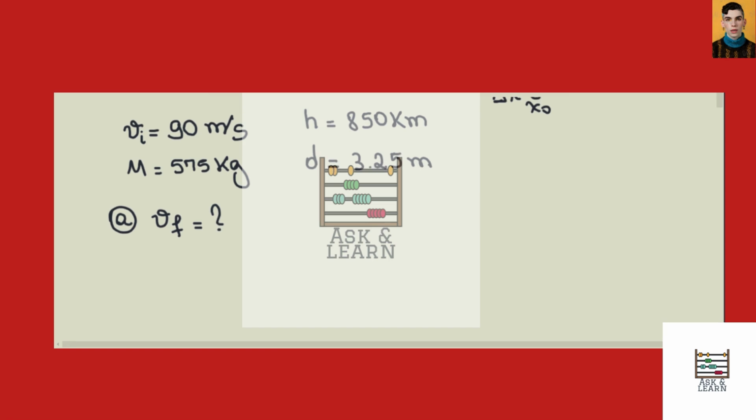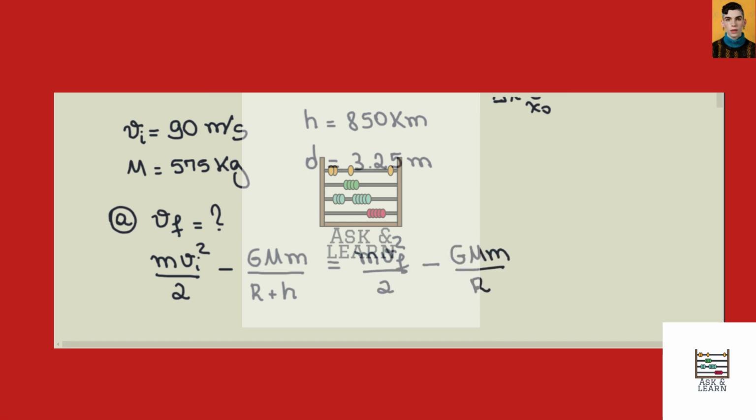And here I'm just going to use conservation of energy. So I have that m vi squared over 2, this is the initial kinetic energy, minus G m M, where m is the mass of the meteor and capital M is the mass of the Earth, divided by the radius of the Earth plus the distance between the surface of the Earth and the meteor. This is equal to m Vf squared over 2 minus G M m divided by the radius of the Earth.